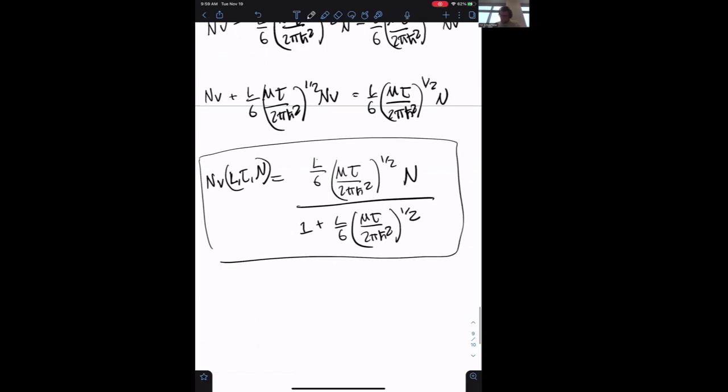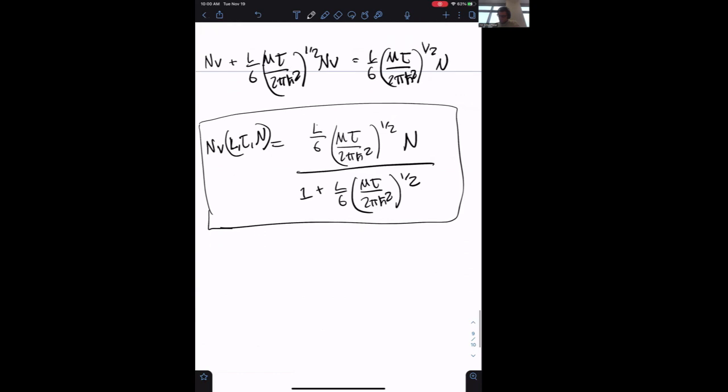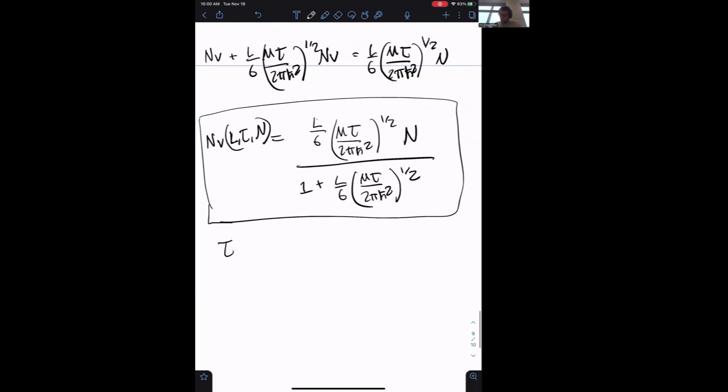And we see that as T gets bigger and bigger, basically as T goes to infinity, this term here gets really, really large.